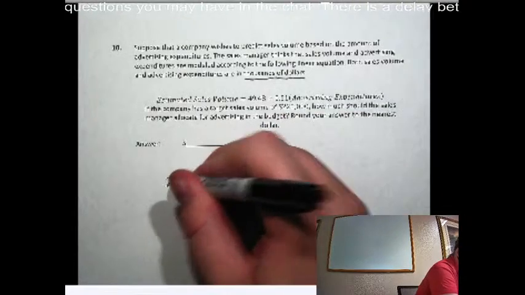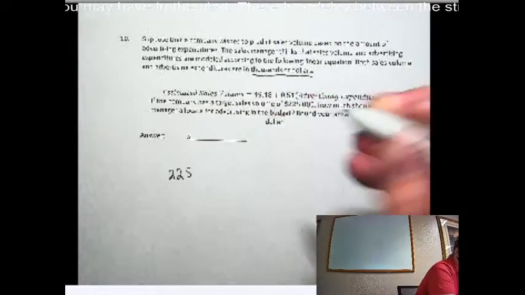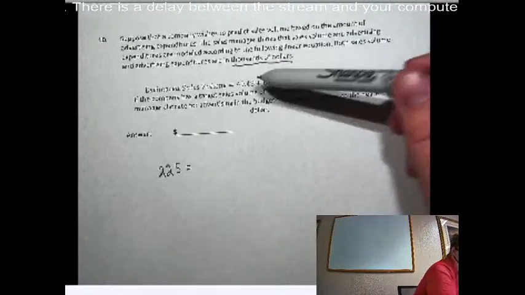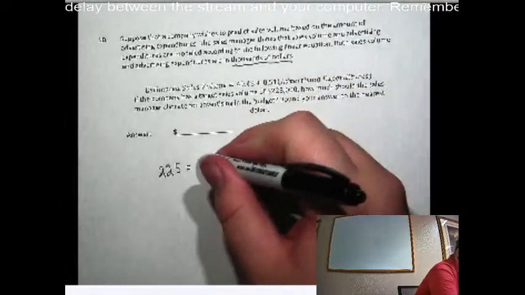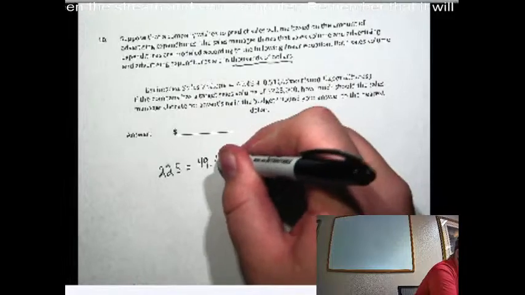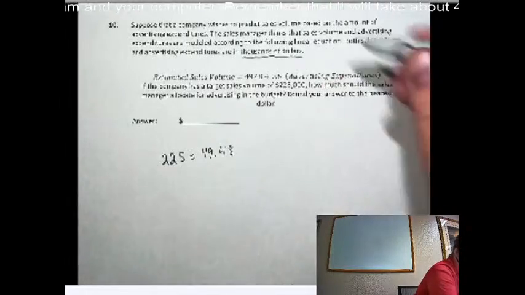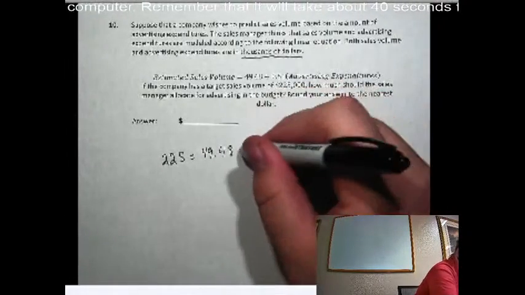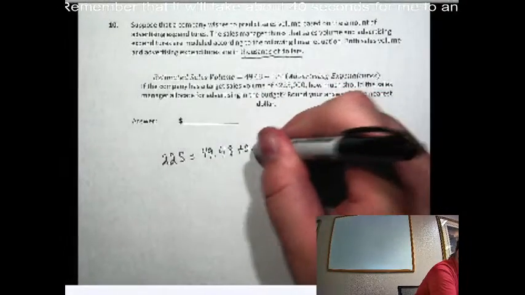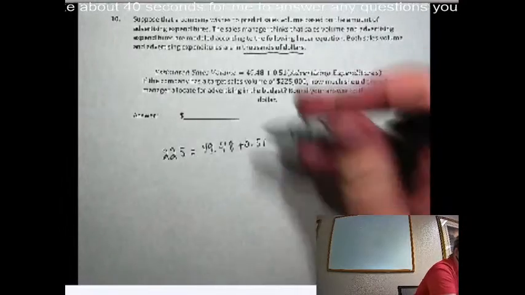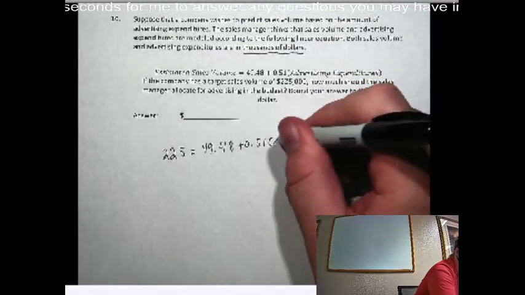So, 225 equals 49.48 plus 0.51 times advertising expenditures, which I'll just call A.